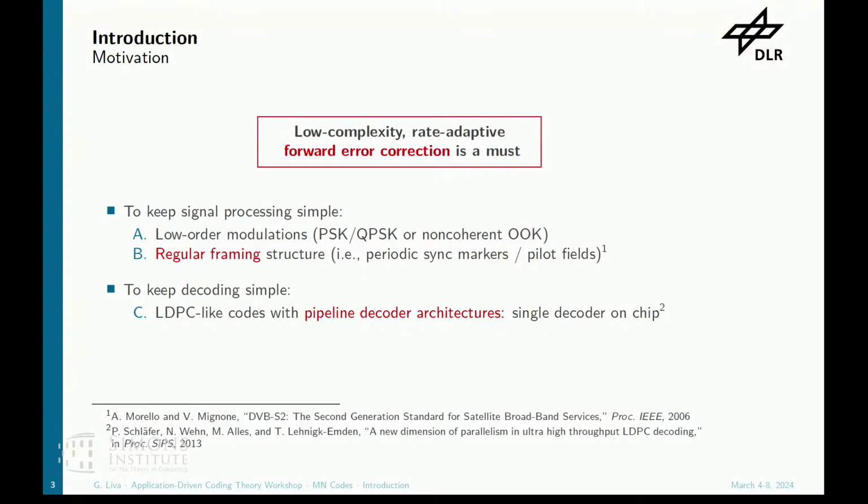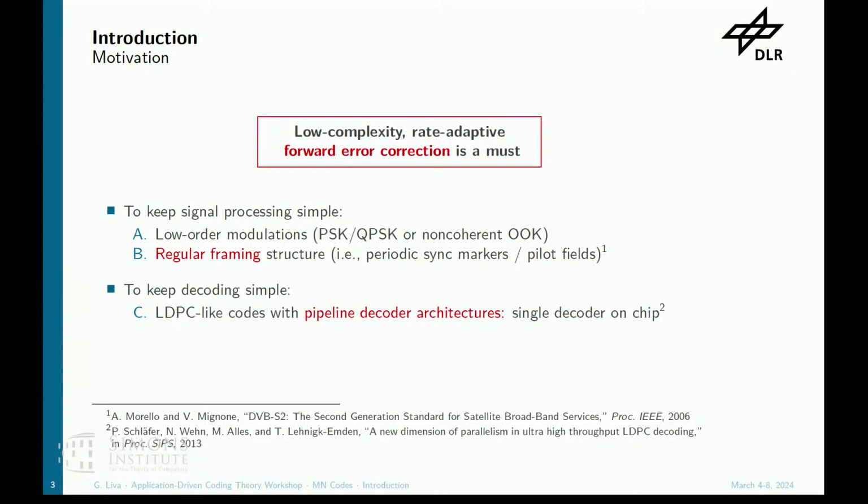By talking with the hardware people in the projects we are involved with in both settings, we found that both scenarios impose similar constraints. In particular, most of the systems we are studying in this context are meant to work with low-order modulations.